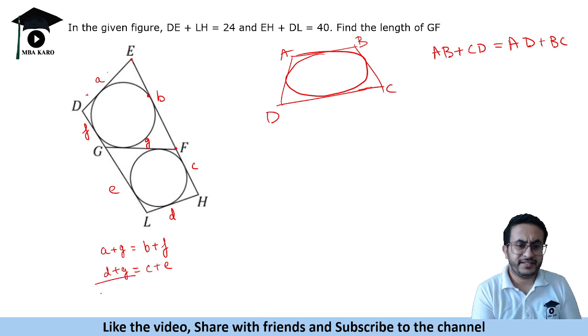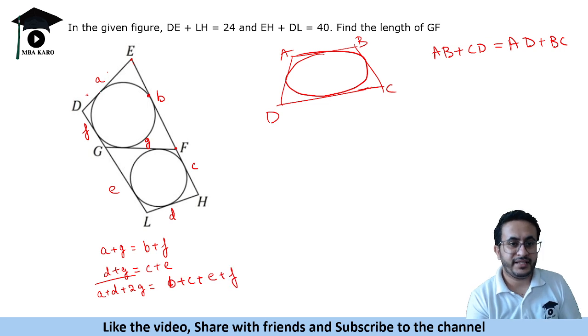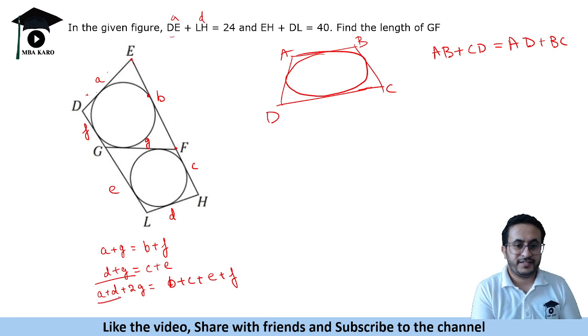Now when we add these, we get A plus D plus 2 times G is equal to B plus C plus E plus F. Now DE is A, LH is D, right? So A plus D we are given 24.